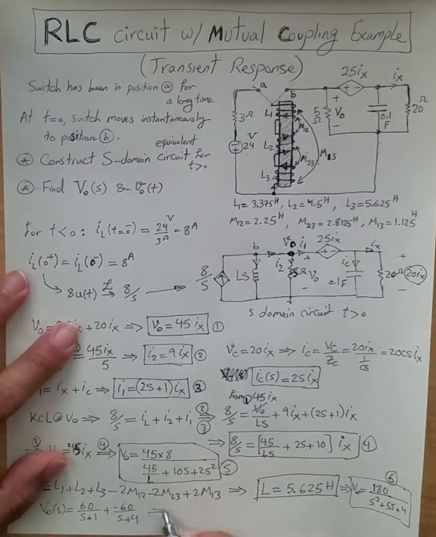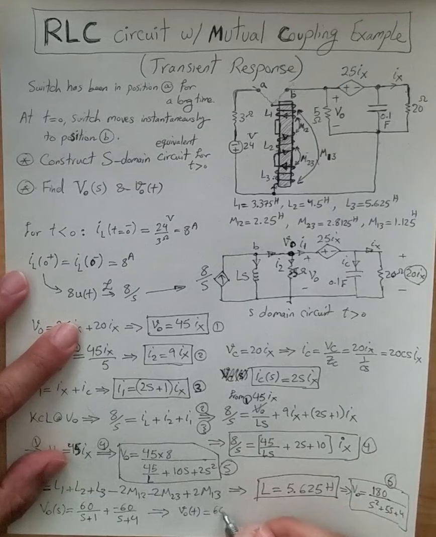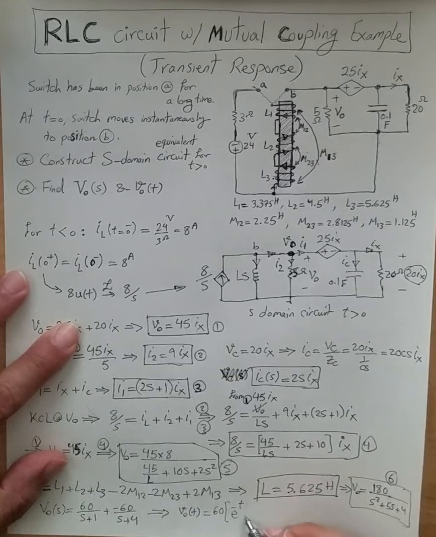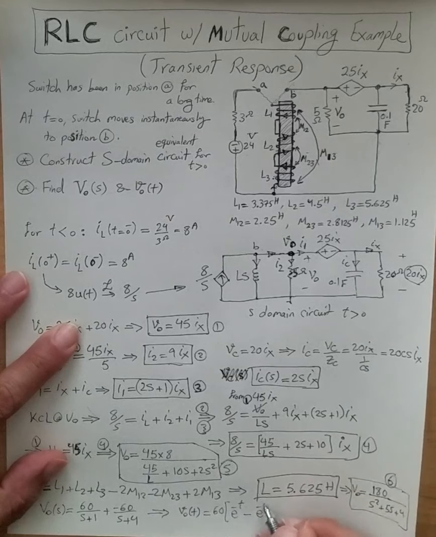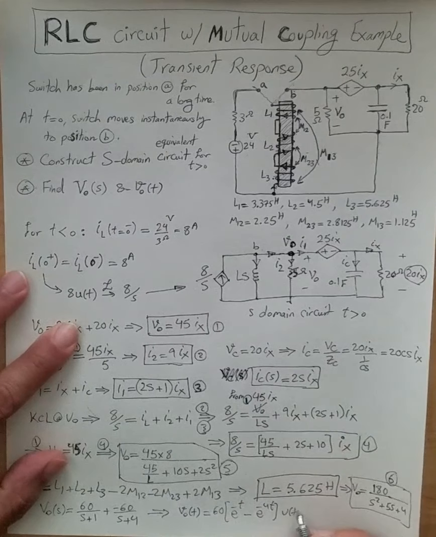And from here we can see that the time domain equivalent of Vout is simply 60 times e to the minus t minus e to the minus 4t, u(t), simply because we know that the time domain equivalent of 1 over S plus 1 is e to the minus t u(t), and the time domain representation of 1 over S plus 4 is e to the minus 4t u(t).